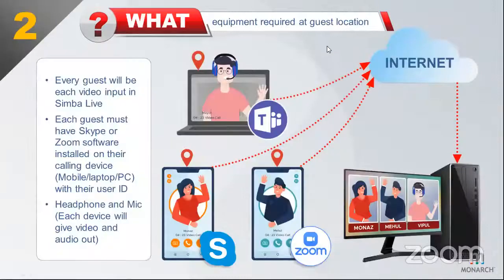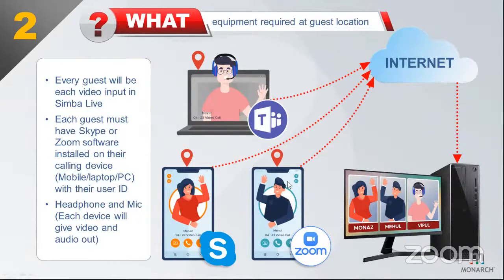So from the guest side, what is required at the guest level? If you want to send your video directly to Skype or Zoom or Microsoft Teams, then these guests will need at least a mobile device or a laptop or a PC or a tablet.